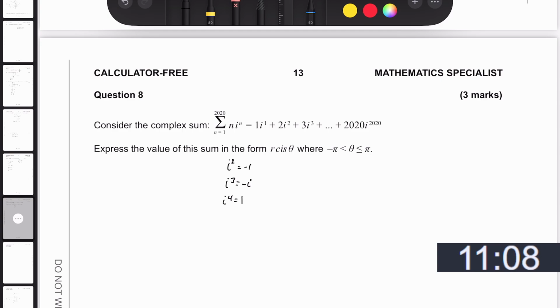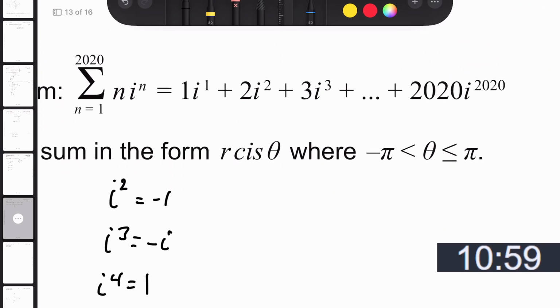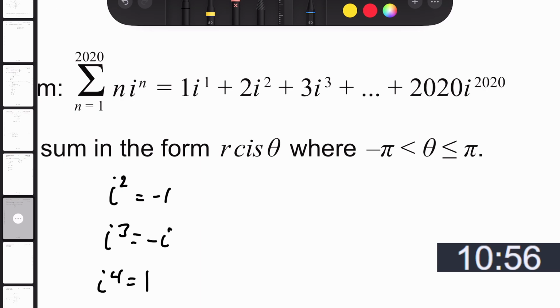Cis theta. This I have -2i, plus 5 minus 7 minus 4.